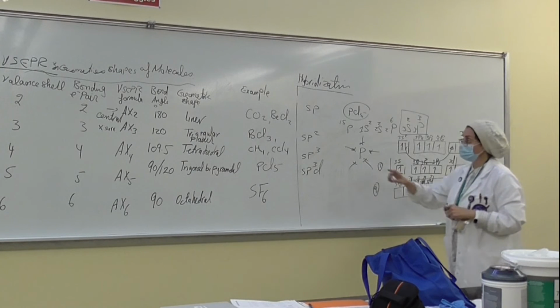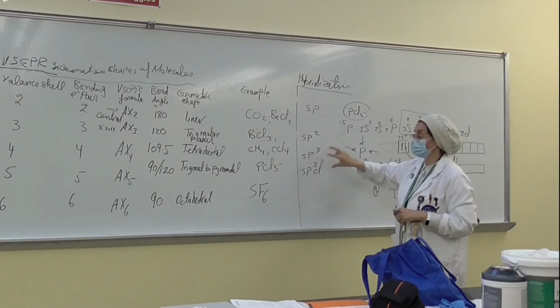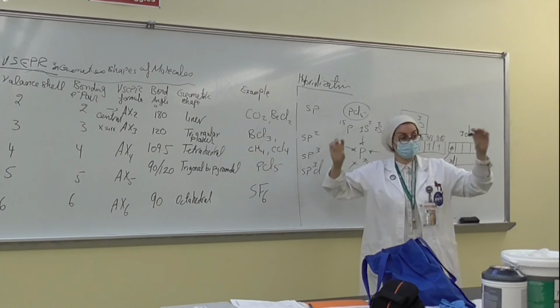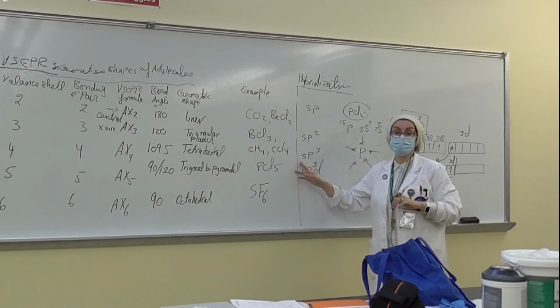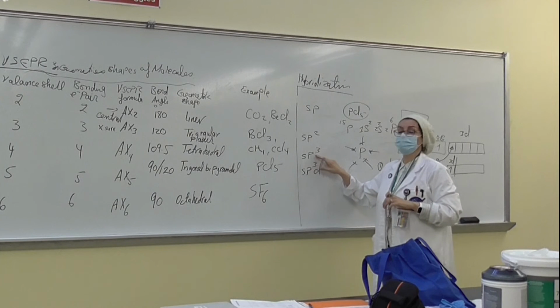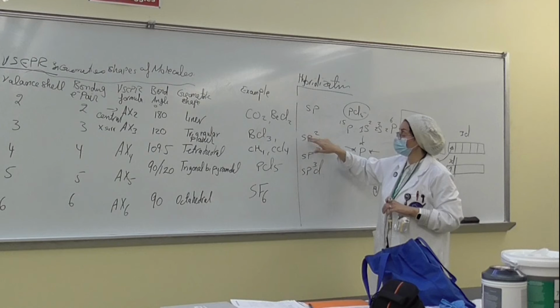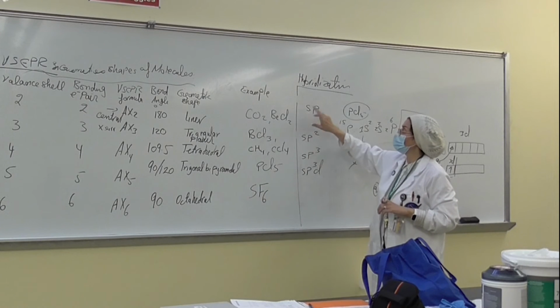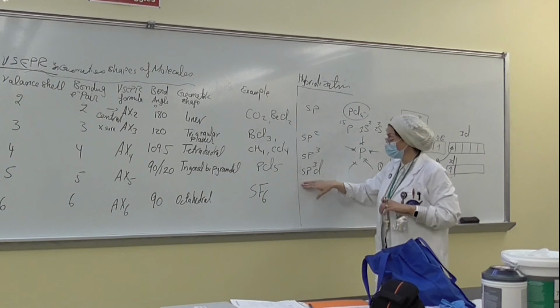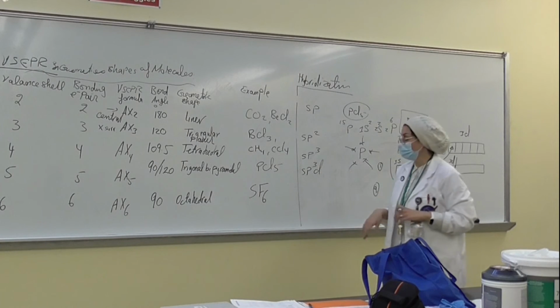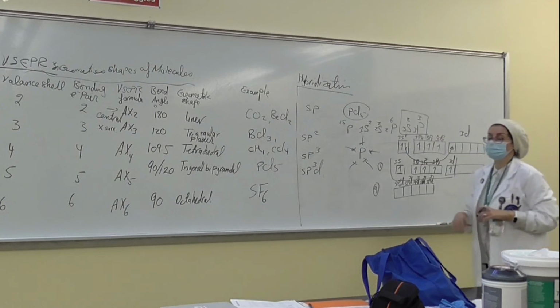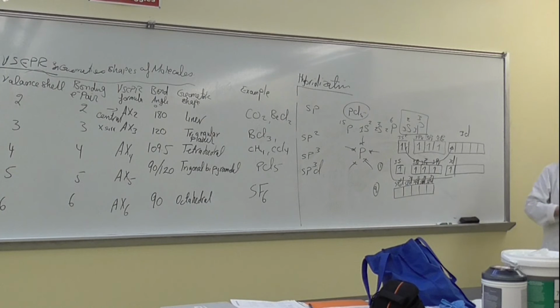So, according to these numbers, that means how many orbitals, how many boxes we have. SP3 meaning we have 1 orbital from S, 3 from P. Over here, 1 from S, 2 from P. 1 from S, 1 from P. Here, I have 1 from S, 3 from P, and 1 from D. What's going to happen when we have 6 surrounding the central atom?